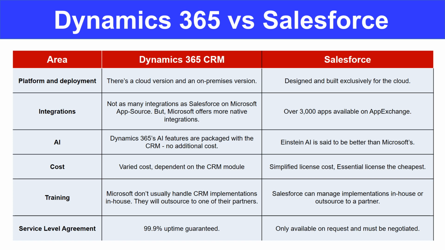Dynamics 365's AI features are packaged with the CRM at no additional cost, whereas in Salesforce, Einstein AI is said to be better than Microsoft's. Dynamics 365 CRM has a varied cost, dependent on the CRM module, whereas Salesforce CRM has a simplified license cost, with the Essential license being the cheapest.